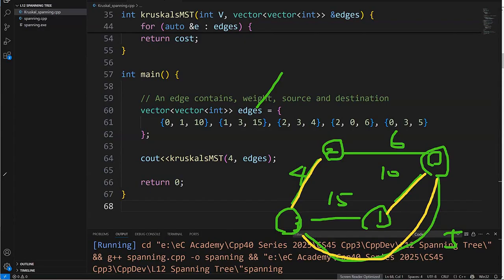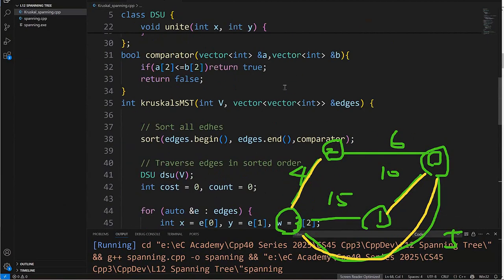With that as the result, let's look at the Kruskal minimum spanning tree algorithm. You pass in 4 and edges. I think 4 is the number of nodes, and edges is this adjacency matrix.